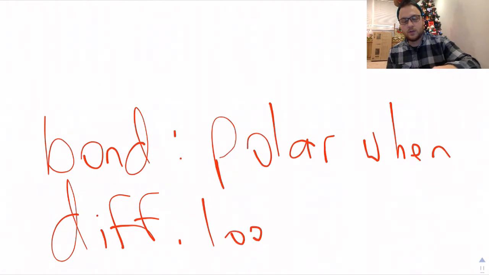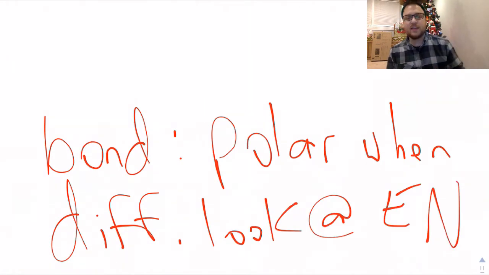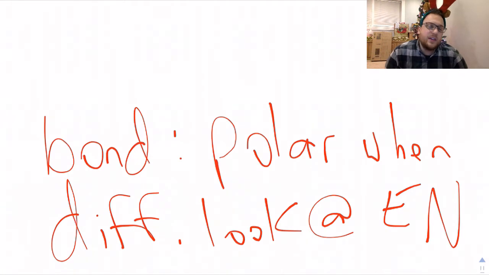Very few exceptions. If you're not sure, look at their electronegativity. If their electronegativity is different, polar. The more different it is, the more polar it is. So oxygen and nitrogen, their electronegativities are pretty close. Not as polar as oxygen and hydrogen, whose electronegativities are further away.